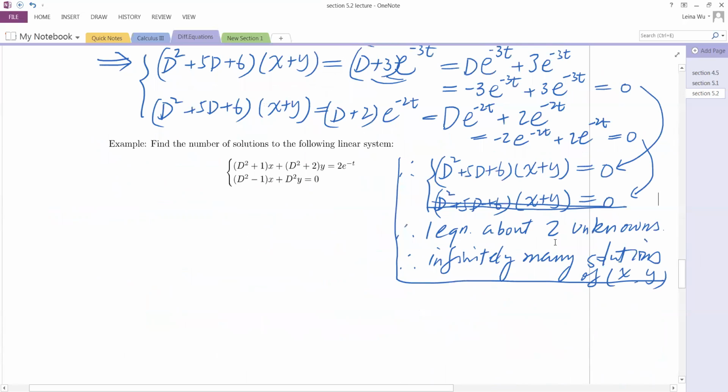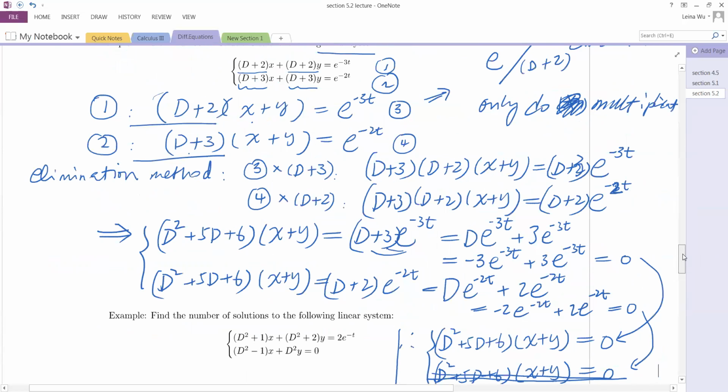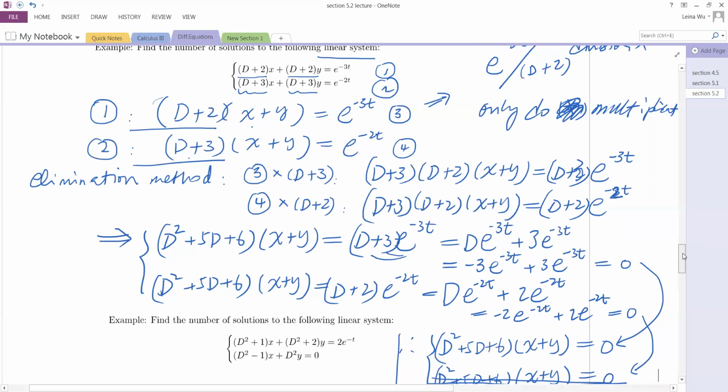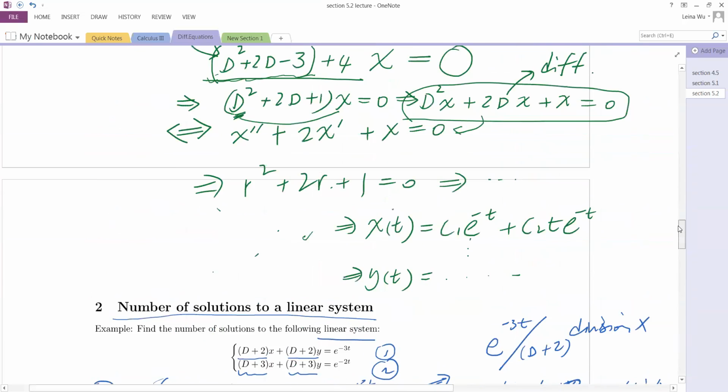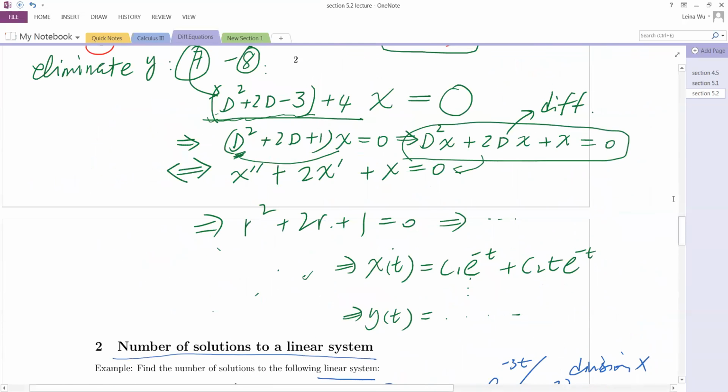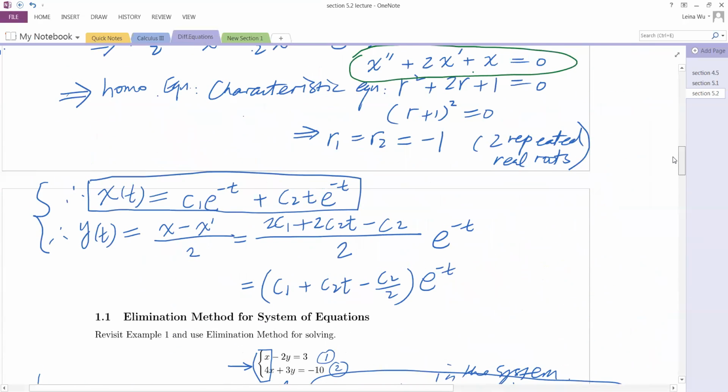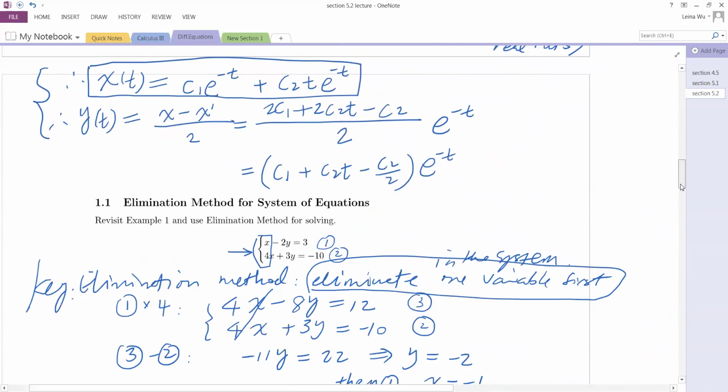If we were to multiply out the D's and the x and y, would we get a problem similar to one in 5.1?